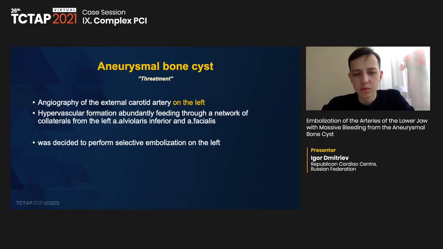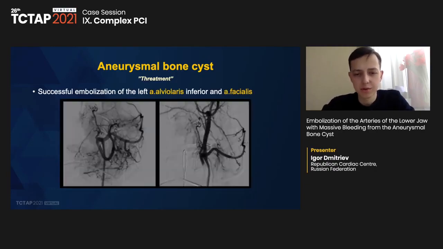Because the right arterial supply of the lower jaw always anastomoses well with the left side, it was decided to perform selective angiography of the external carotid artery on the left, where a hypervascular formation on the lower jaw on the right was revealed, abundantly fed through a network of collaterals from the left arteria alveolaris inferior and left arteria facialis.